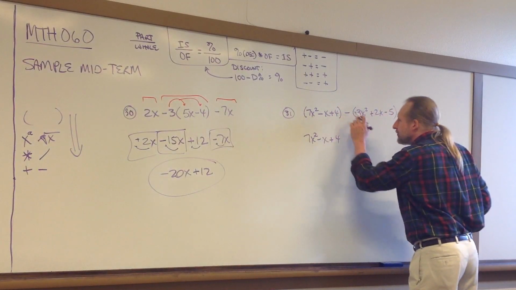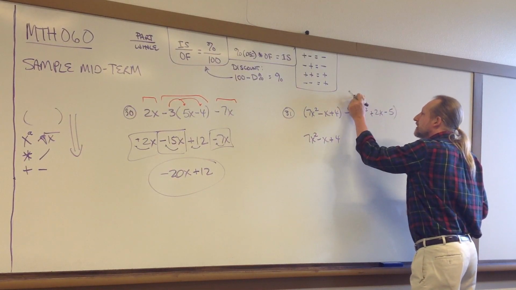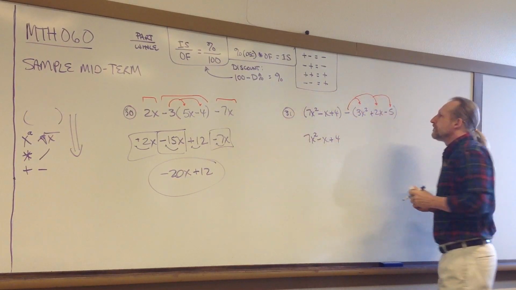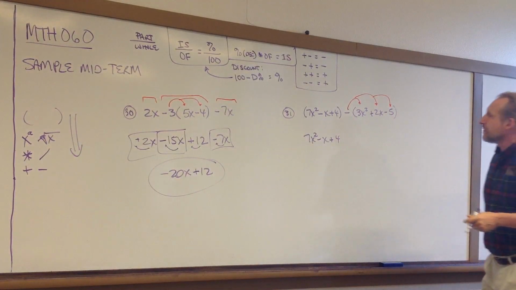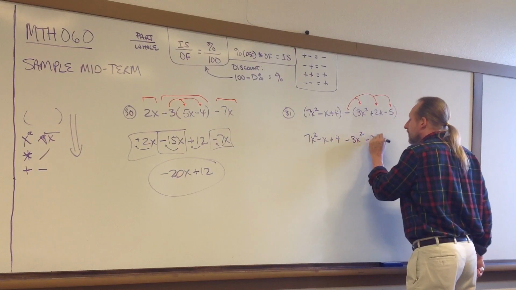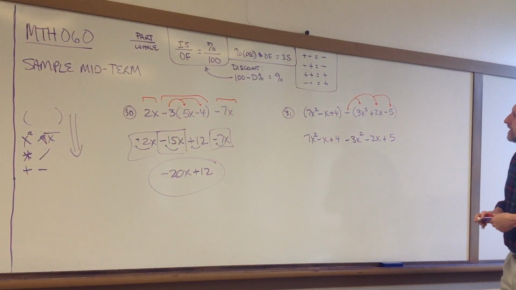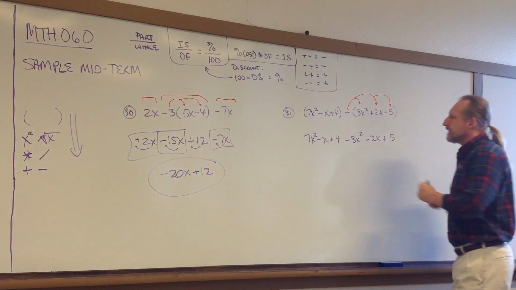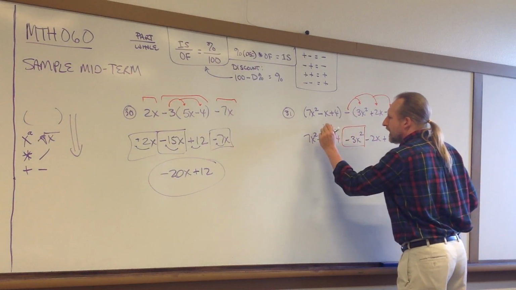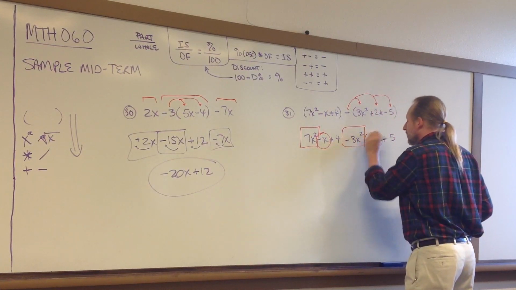But here you do have this minus sign. Okay? And that minus sign is going to affect all of the pieces inside the parentheses. So this is going to be minus 3x squared minus 2x and positive 5. Now, once we've done that, we've got to match up our like terms.